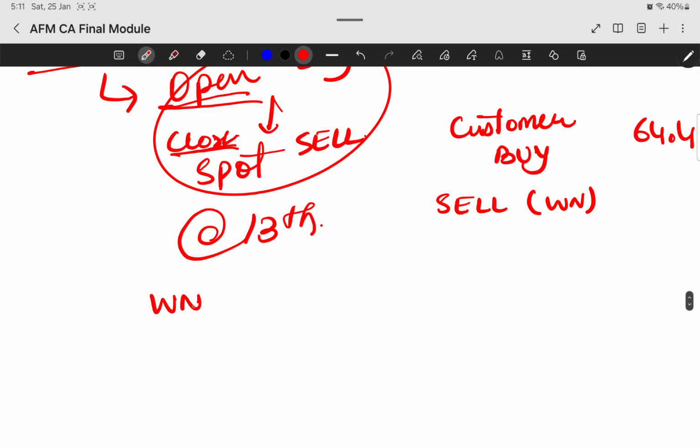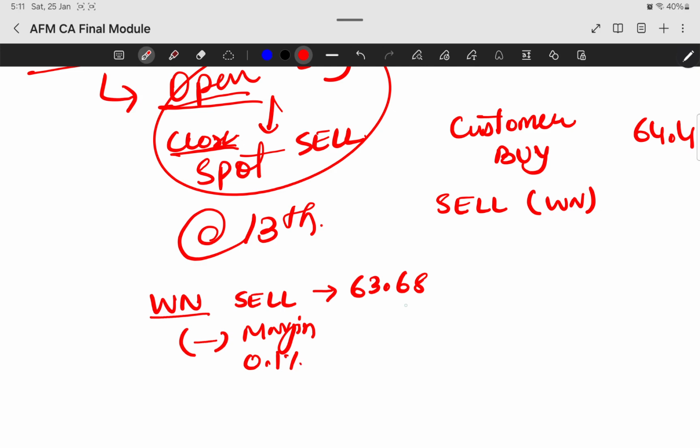The working note here says the sell rate is 63.68, and since it's a sell, you would deduct the margin of 0.1%, and 0.1% of this is 0.0637, let's just say. You want to deduct all of this, so you arrive at 63.6163.